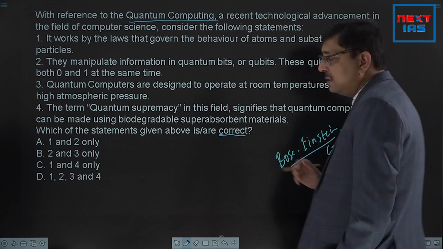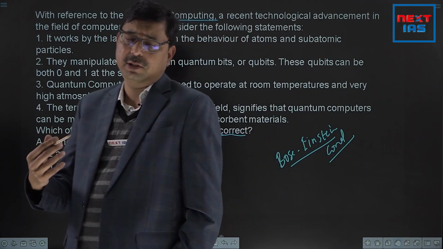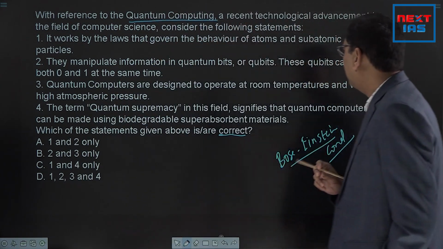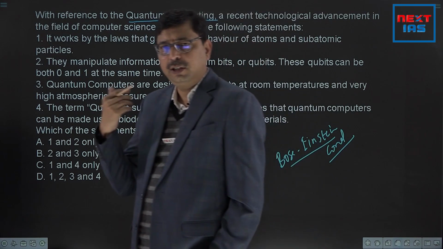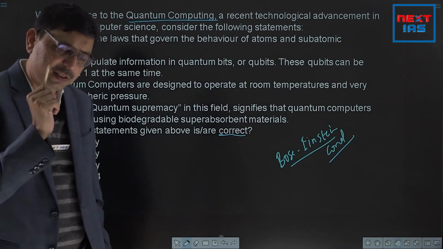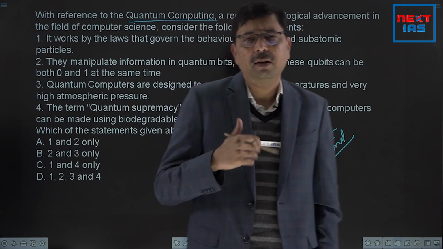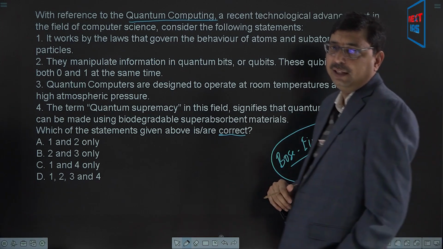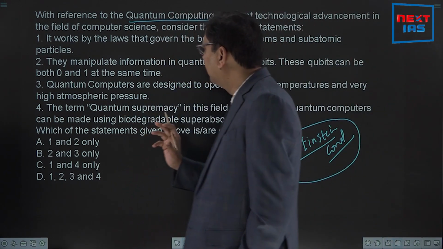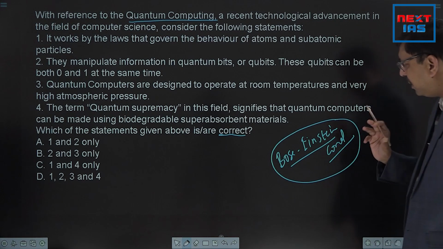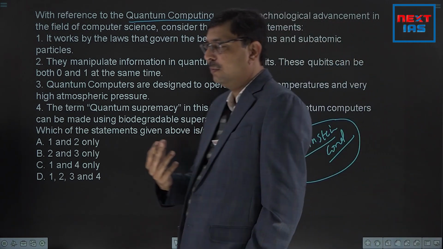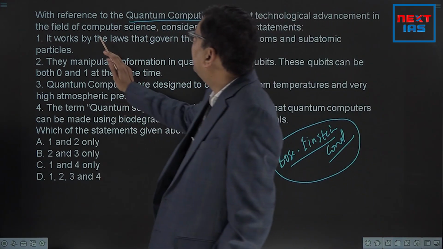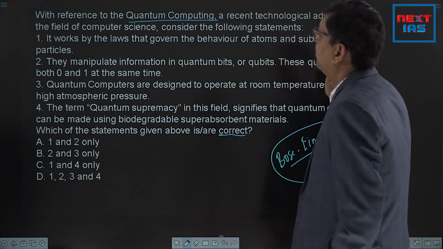Now Bose-Einstein condensate is obtained at a temperature which is just above absolute zero. Just above absolute zero means minus 273 degrees is absolute zero, and at around minus 271 we make it, and we get the Bose-Einstein condensate. So whenever you read about quantum computers, you come across supercooled atoms.